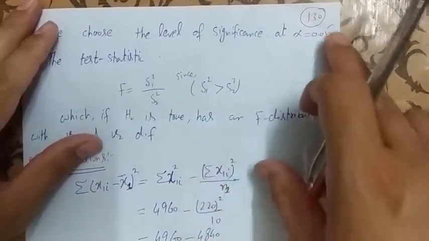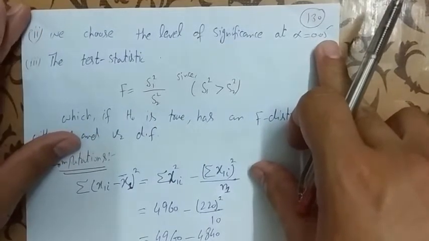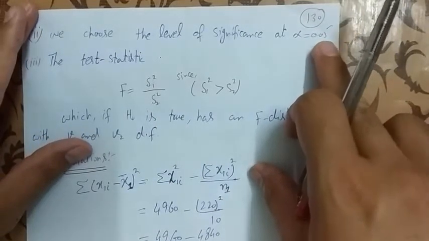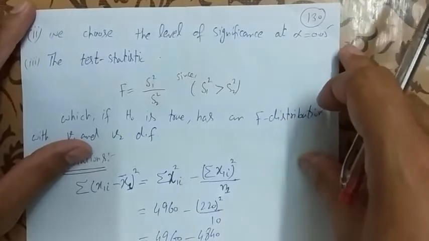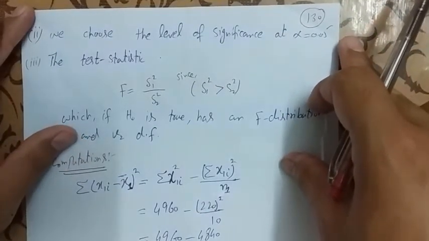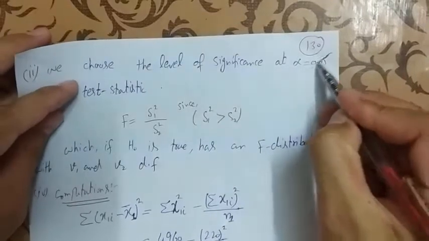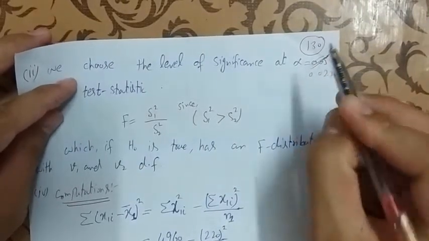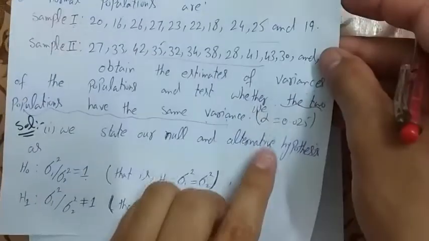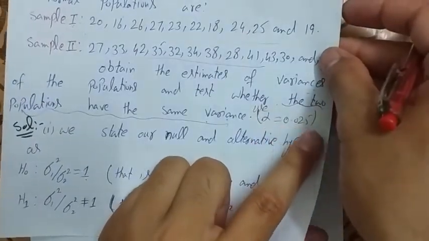In the second step we find the significance level that is given in the problem. Alpha is 0.025, that is given in the problem. Check this, students: we use alpha equal to 0.025 because it is given.